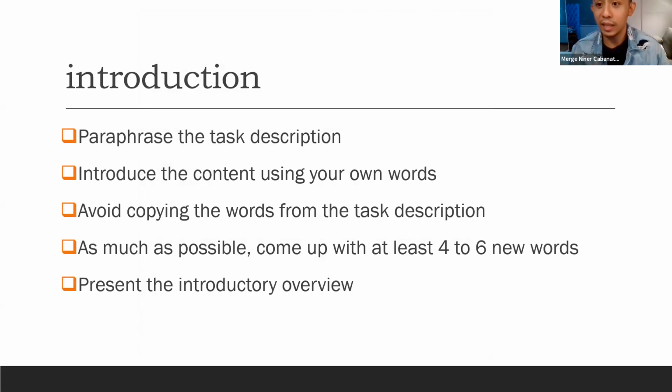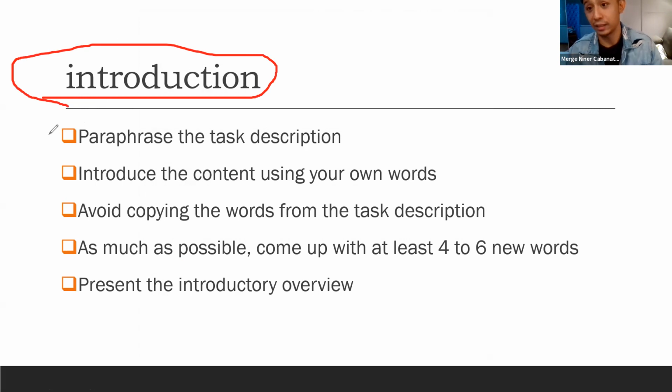So let's do the task. Introduction. We will be writing an introduction, and for you to write the introduction, here are the guidelines. For you to come up with a legible introduction, what you need to do are the following. Number one, paraphrase the task description. What does paraphrase mean? Paraphrasing is a technique that allows writers like you not to repeat the words from the question.